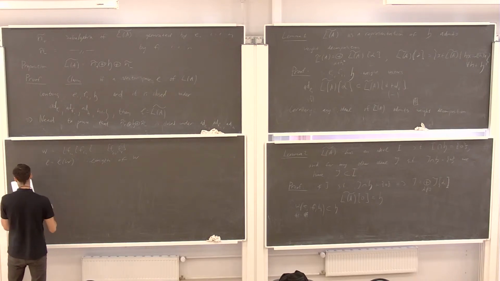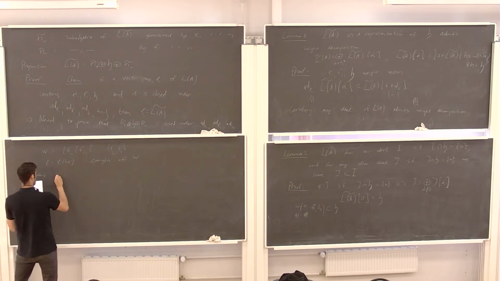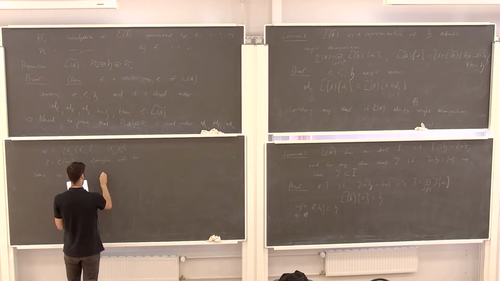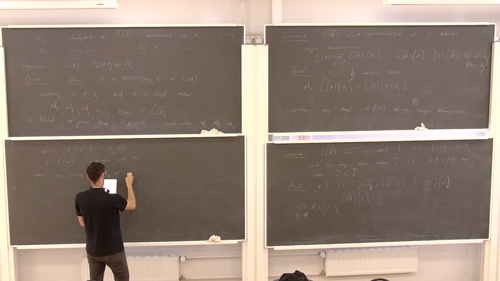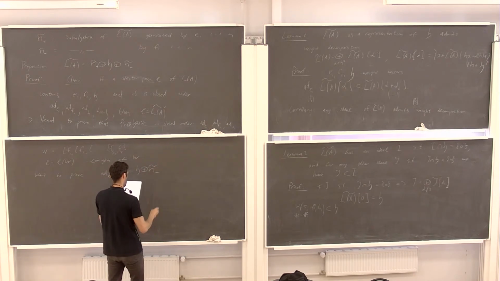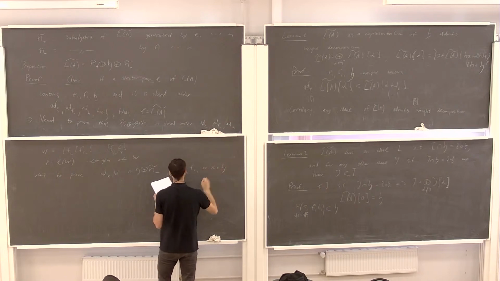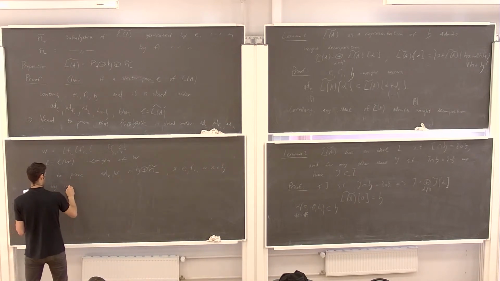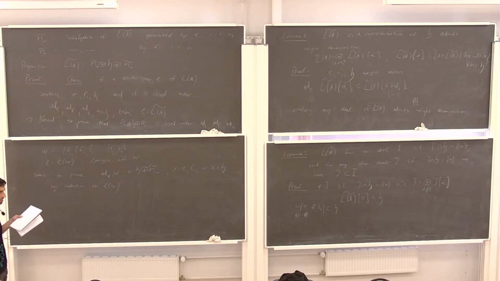I want to prove that ad x of W is inside H plus n minus tilde. Here x is E_i, F_i, or x is in H. By induction on l of W. So let's do this.